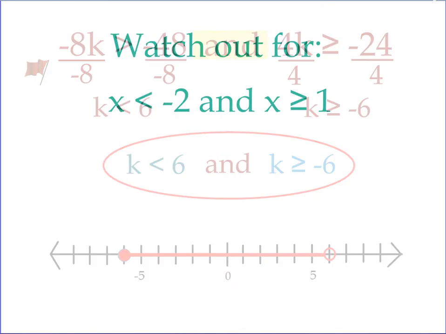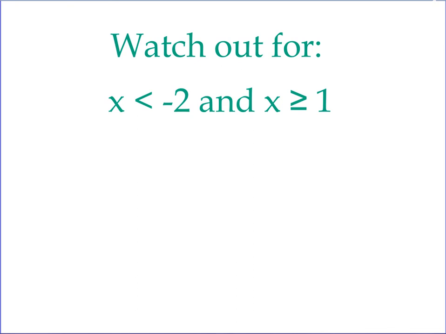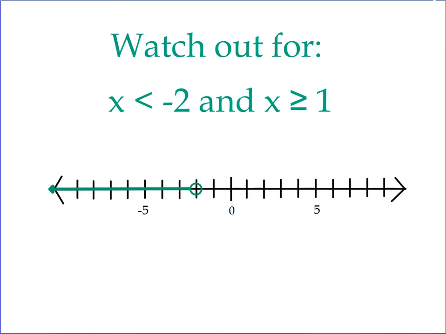One last inequality, and one to watch out for when you're solving compound inequalities. I have the compound inequality x is less than negative 2 and x is greater than or equal to 1. If I graph those on a number line, remember we had the word and.